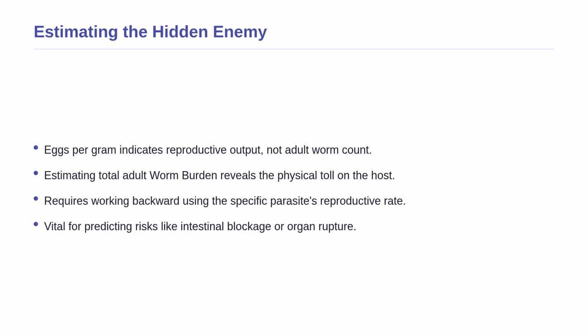To truly understand the physical toll on the host's body, we need to estimate the total adult worm burden. We do this by working backward from the egg count, using the known biological reproductive rate of the specific parasite. This mathematical estimation is absolutely vital for predicting the risk of severe complications, such as intestinal blockage or organ rupture.